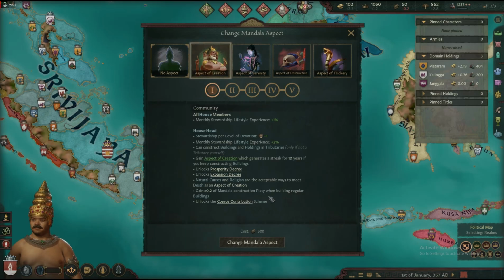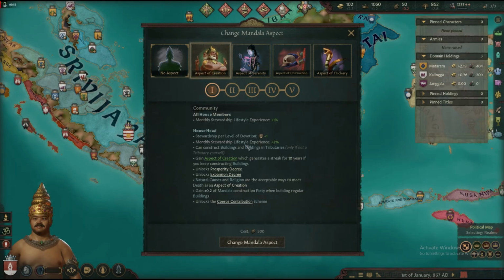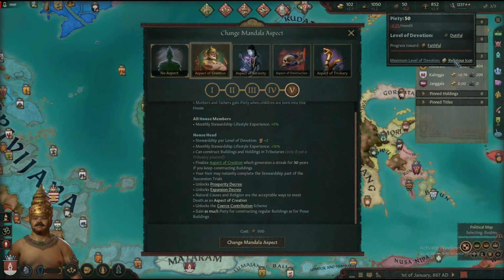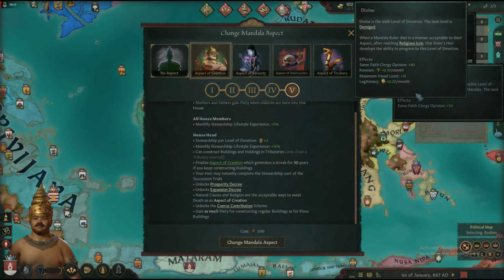But what that means is when you die, you pass on a certain amount of your legitimacy and piety to your next guy, and you also pass on the aspect of your mandala. Your piety, I believe it's if you die while in one of these higher ones.